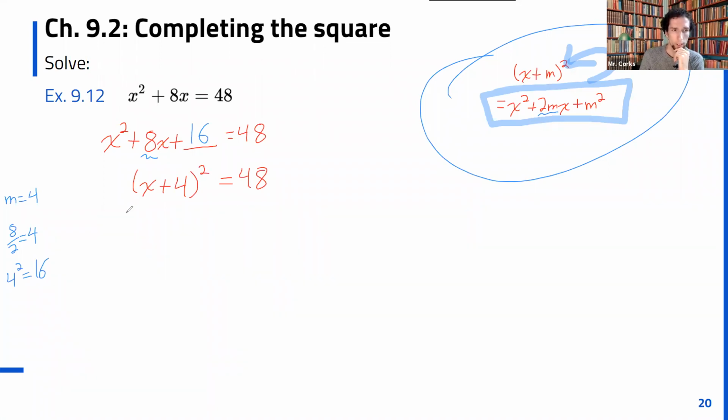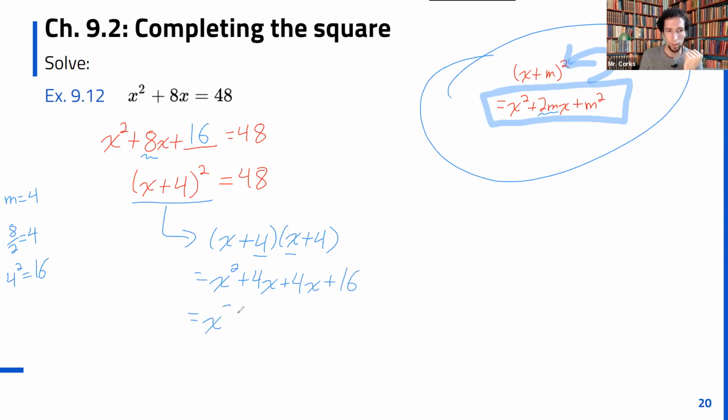So let's write this out and convince everyone that this is actually true. x plus 4 squared is x plus 4 times x plus 4. So that is equal to x times x, x squared, x times 4, 4x, this other 4 times this other x, 4x, and then 4 times 4, 16. Simplify: x squared plus 8x plus 16.